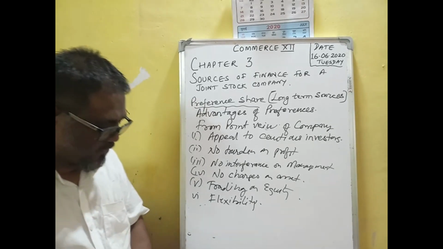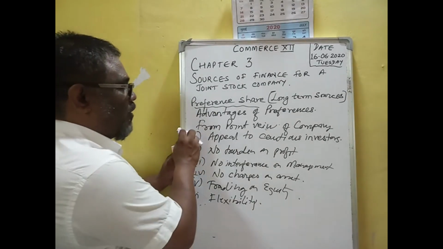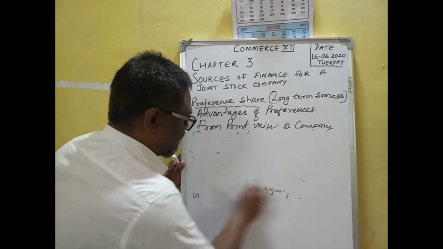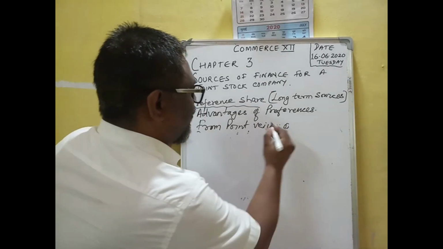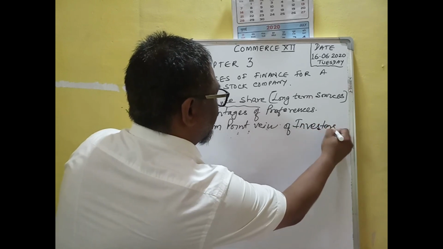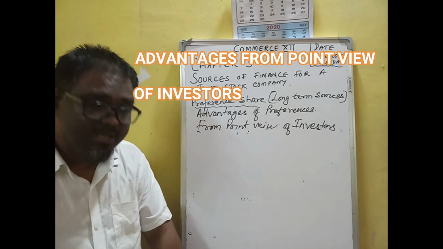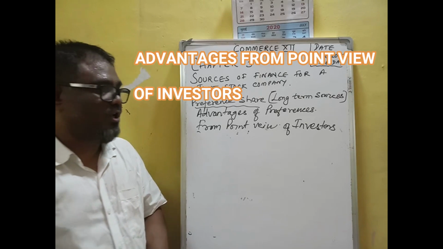So this is from the point of view of the company. Now, from the point of view of investors, investors get a stable and regular dividend before the payment to equity shares.